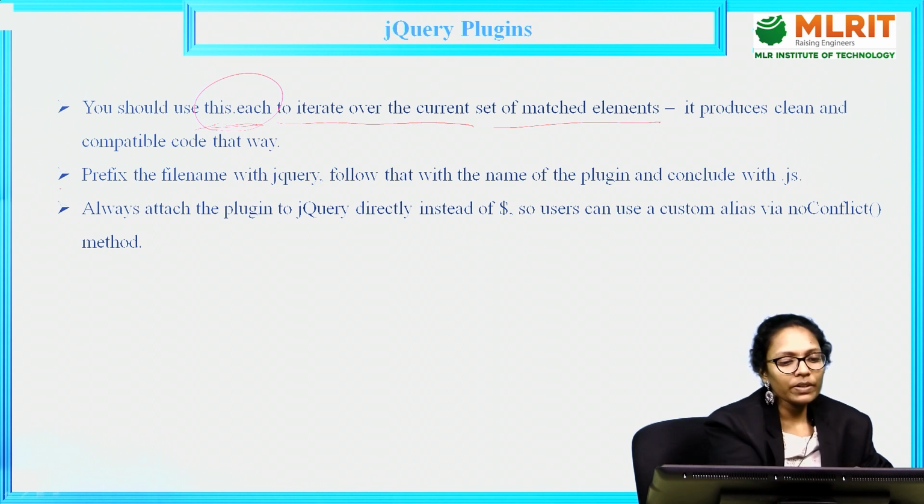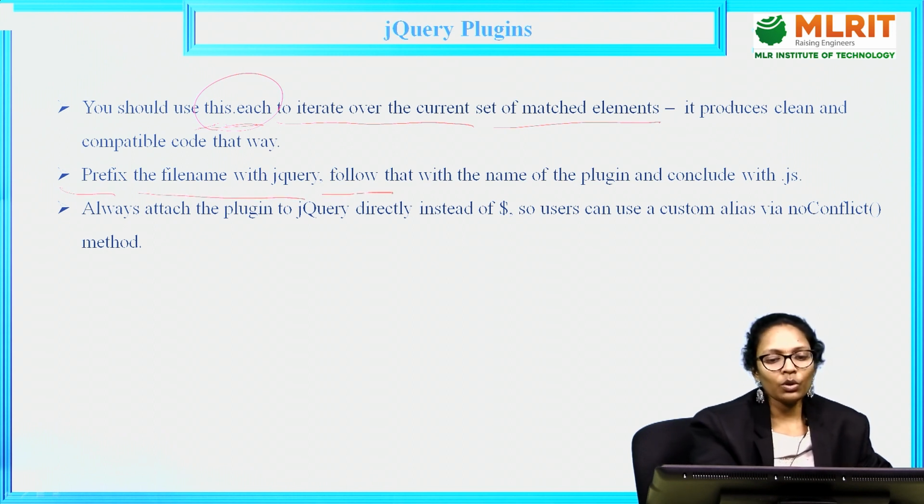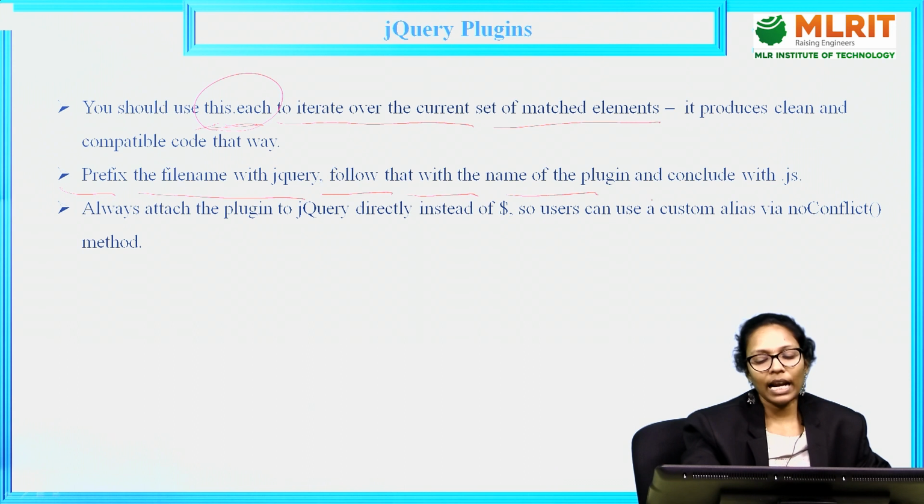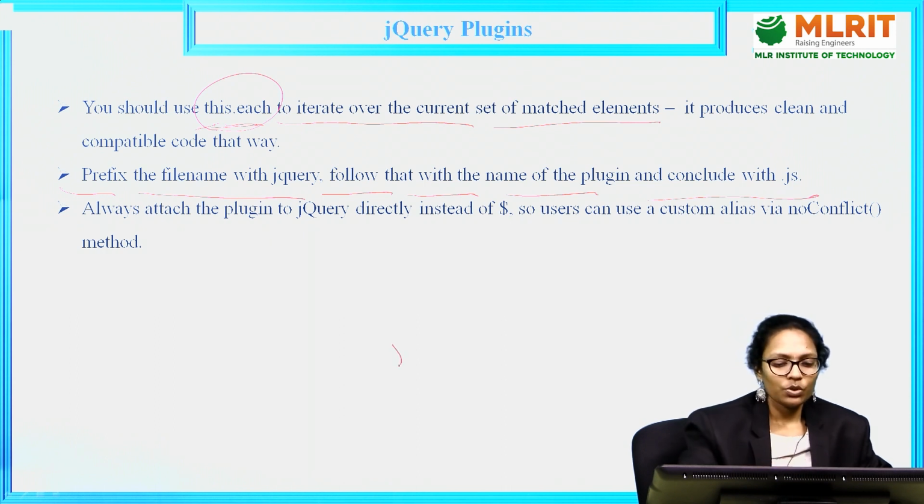Next, prefix the file name with jQuery, follow that with the name of the plugin, and conclude with .js. This is not actually mandatory, but to mention it is a plugin of jQuery, we can use this: jQuery.myplugin.js.